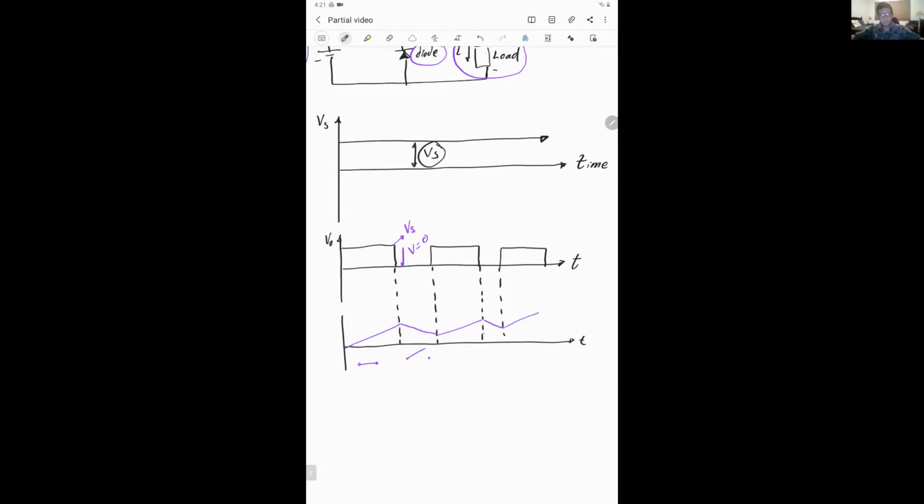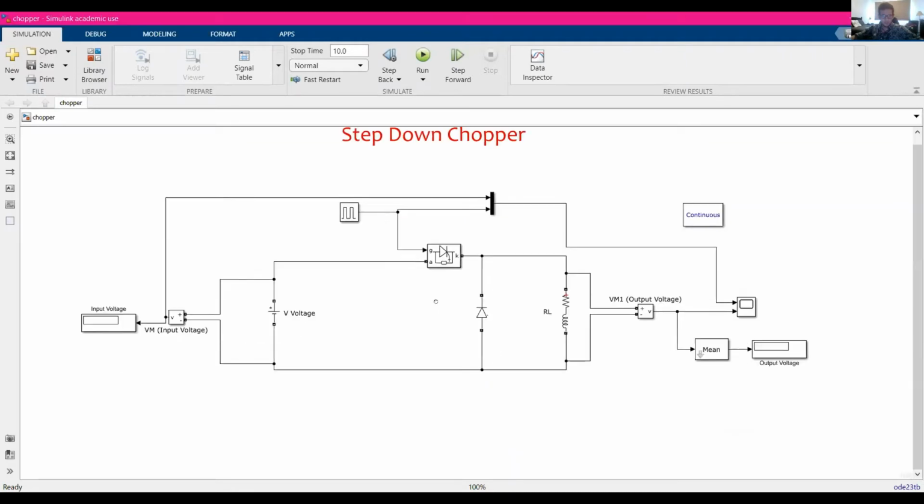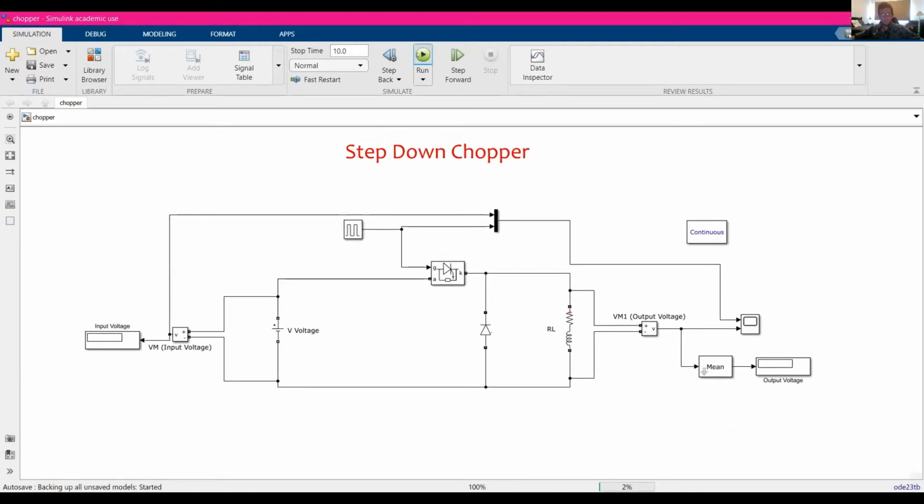So, now we're going to simulate a step-down chopper so we can show it better. Here, we can see the circuit, and when we simulate it, we can see immediately that the input voltage of 20 volts is decreased to 10.02 volts.